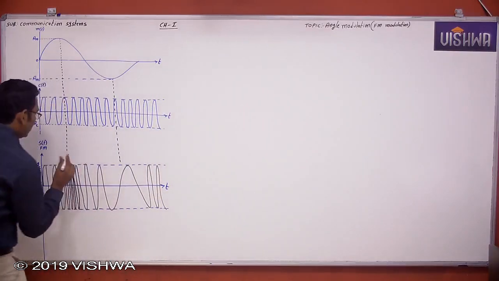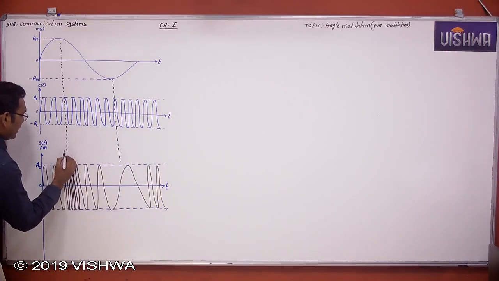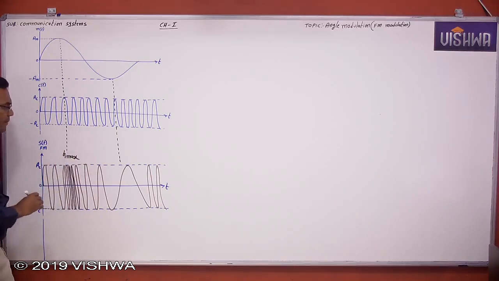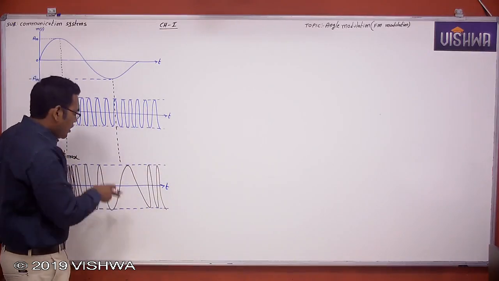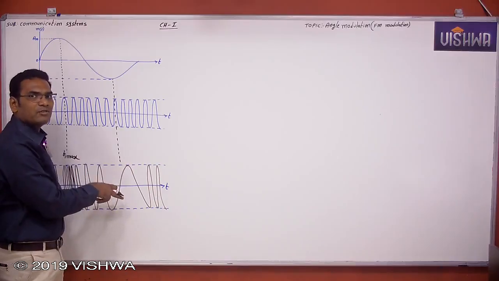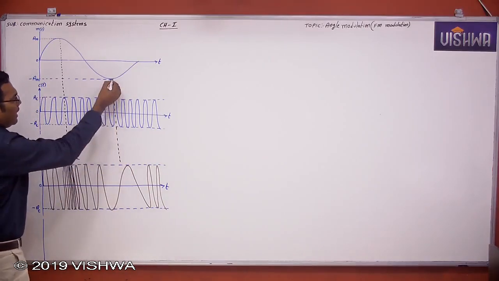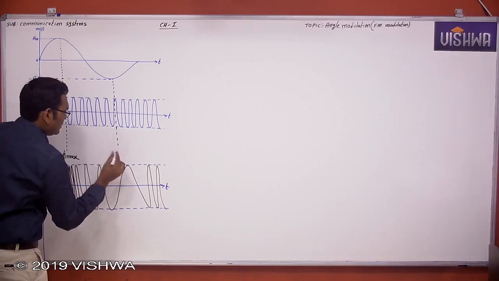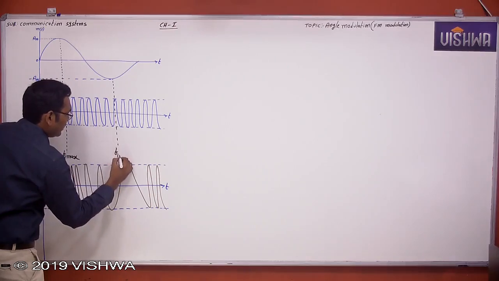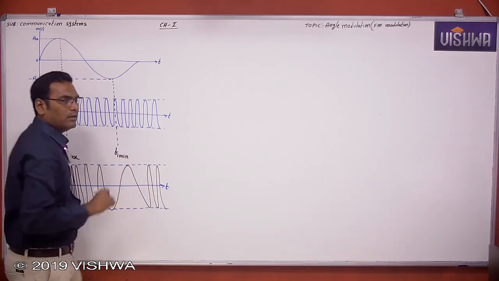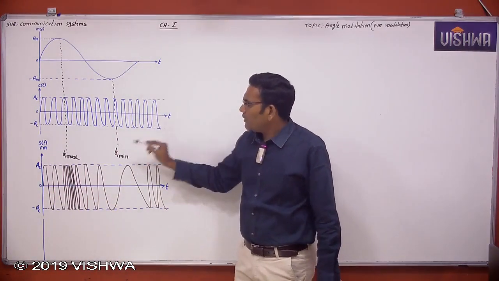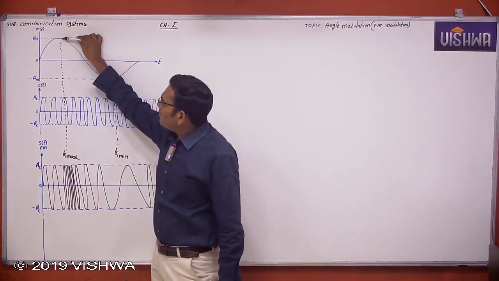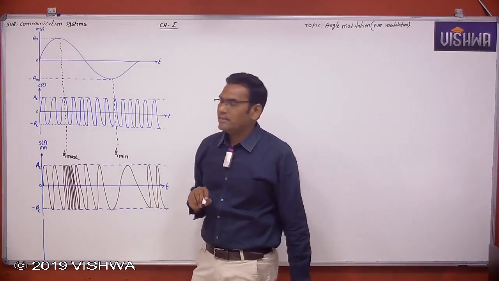So this is Fi, the instantaneous frequency of the carrier after modulation, Fi maximum. Here the time period is very large, which means the frequency is very low. Why is the frequency low at this particular place? Because here the amplitude is very low. This is the instantaneous frequency of the carrier after modulation. Minimum amplitude, minimum frequency. Maximum amplitude, maximum frequency.